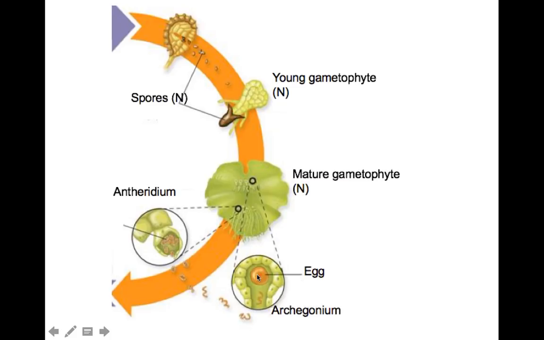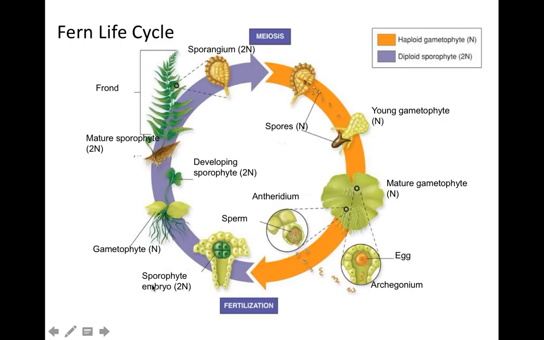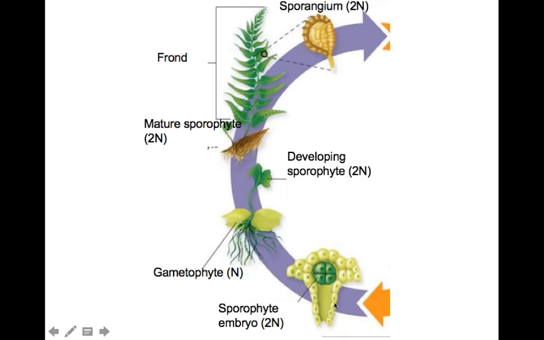When sperm cell and egg cell come together, you end up with a fertilized egg, which is a zygote, and then eventually it becomes a sporophyte. Here's an archegonium, the female reproductive part of a gametophyte, and inside you have that sporophyte embryo.